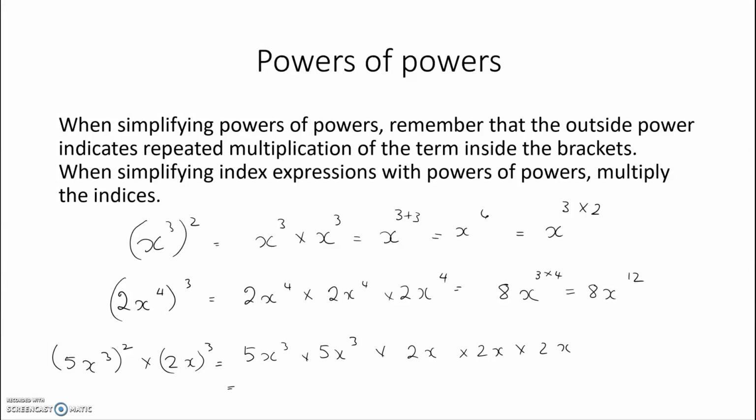Okay, collect up your numbers. 5 times 5 times 2 times 2 times 2, so that's 25 times 8, which is 200. Then 3 times 2 is 6, times x, times 1, 2, 3 of them. So that's 200 times x to the power of 9.